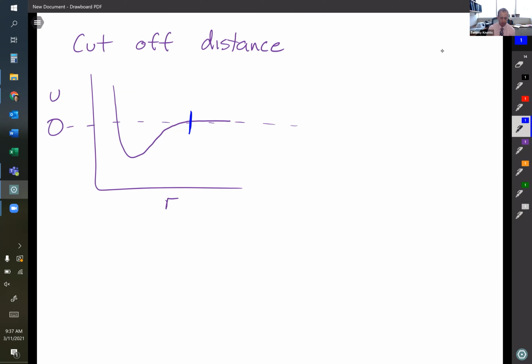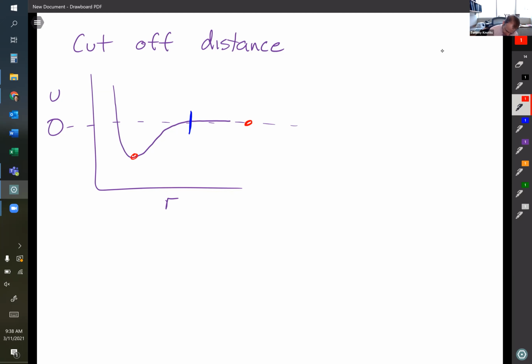So if particle 1 and particle 2, I might get this energy here, and I want to add that to the energy of my system. But if particle 1 with particle 3 is out here, I don't want to add that, right? I can save myself all the calculations to get R6, R12, put them all together to get the force, if it's just going to add 0.